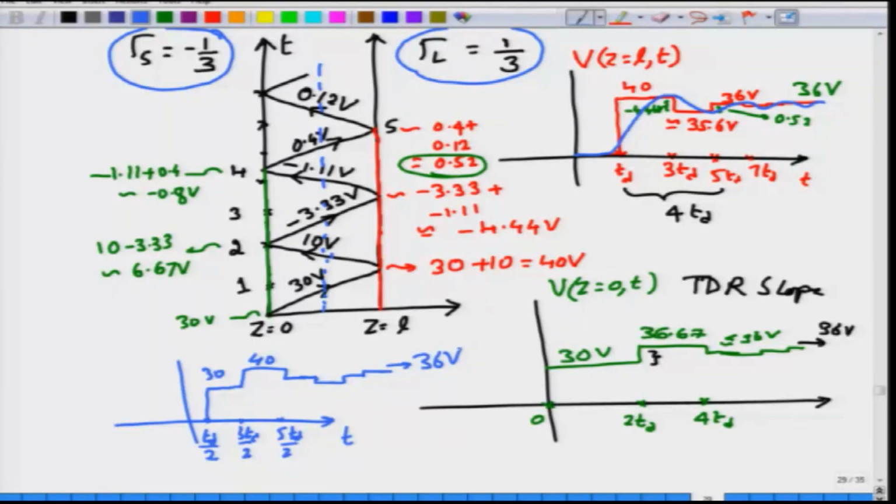So, after you have let the connection remain as it is, without changing the voltages at any point, you would have seen that after about 5 or 6 times the propagation delay Td, the voltage at the load will be about 36 volts, which is the asymptotic value, the steady state value.